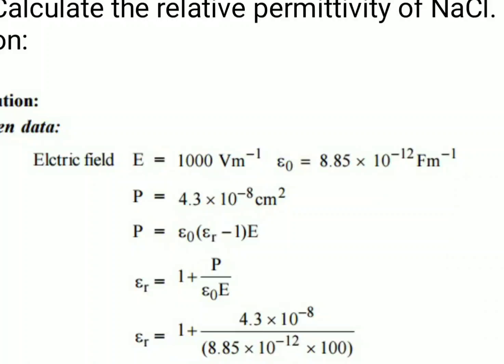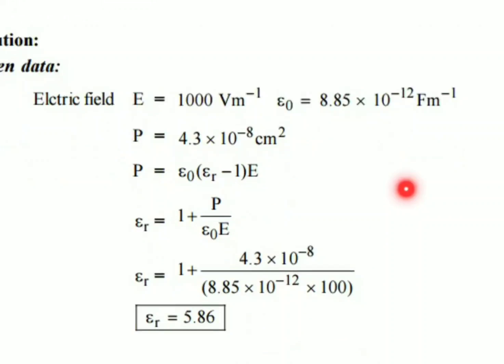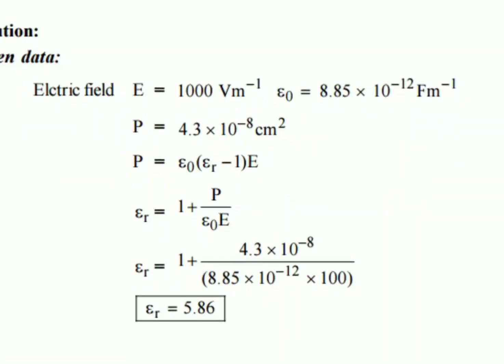So substitute the values: polarization 4.3 into 10 power minus 8 and epsilon naught E value, that is 8.854 into 10 power minus 12 into 1000. Finally we got the value of relative permittivity, that is 5.86.